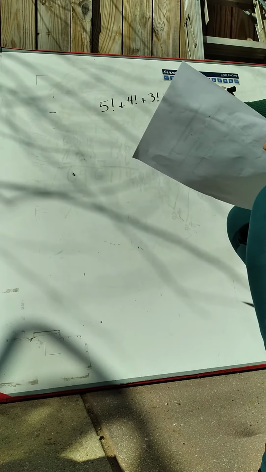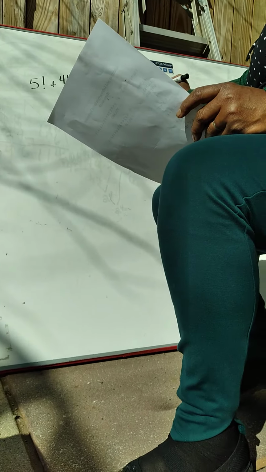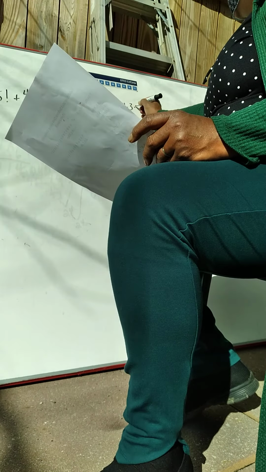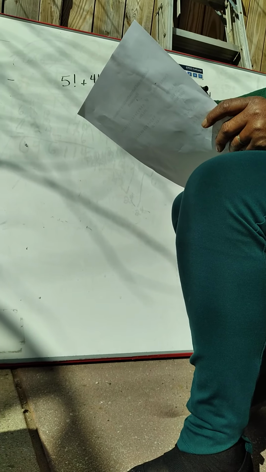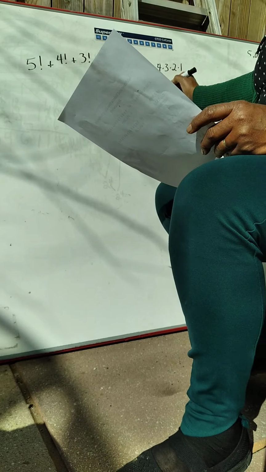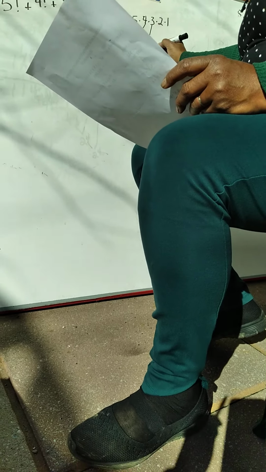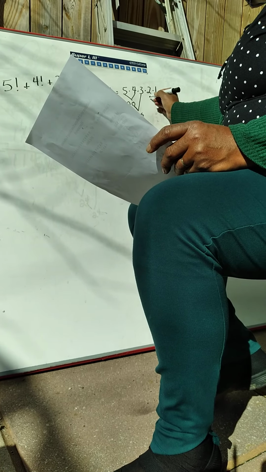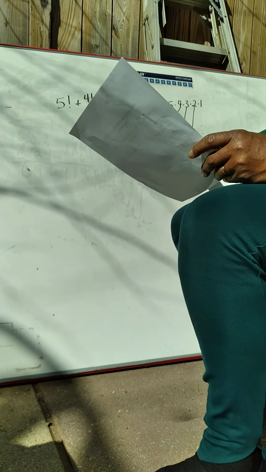So what is 5 factorial? 5 times 4 times 3 times 2 times 1. 5 times 4 is 20. 20 times 3 is 60. 60 times 2 is 120.